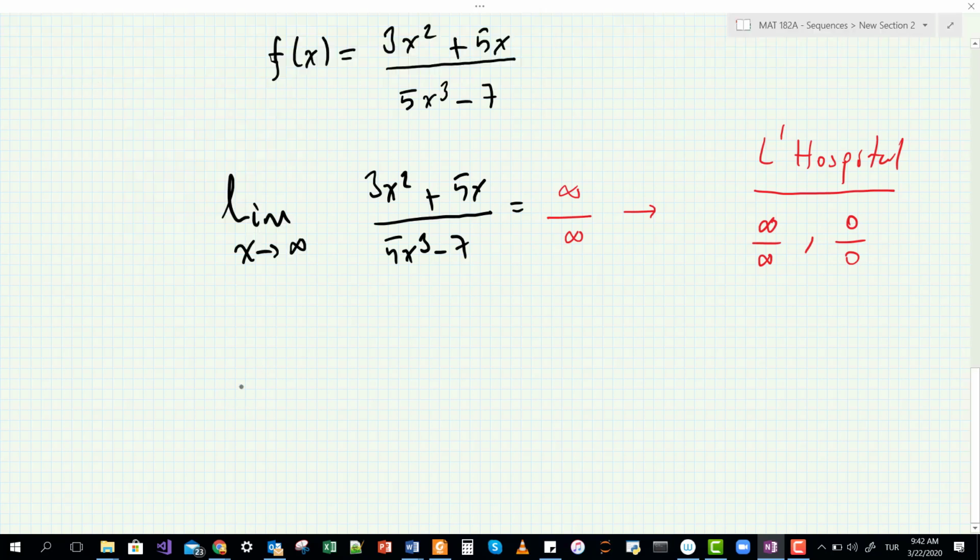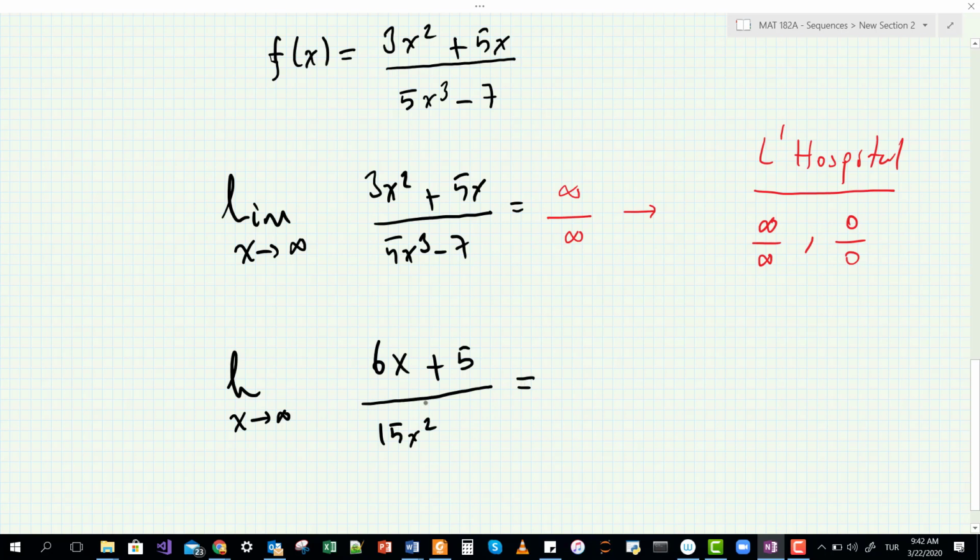L'Hopital or L'Hospital, whatever name you want to use. So if the result is one of these, the L'Hopital rule says you need to take the derivative of the numerator, which is 6x plus 5, and the derivative of the denominator, which is 15x squared.